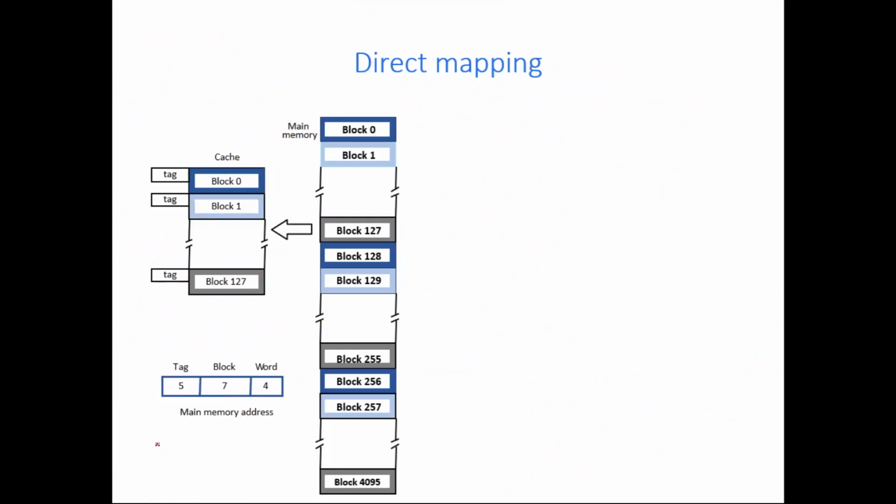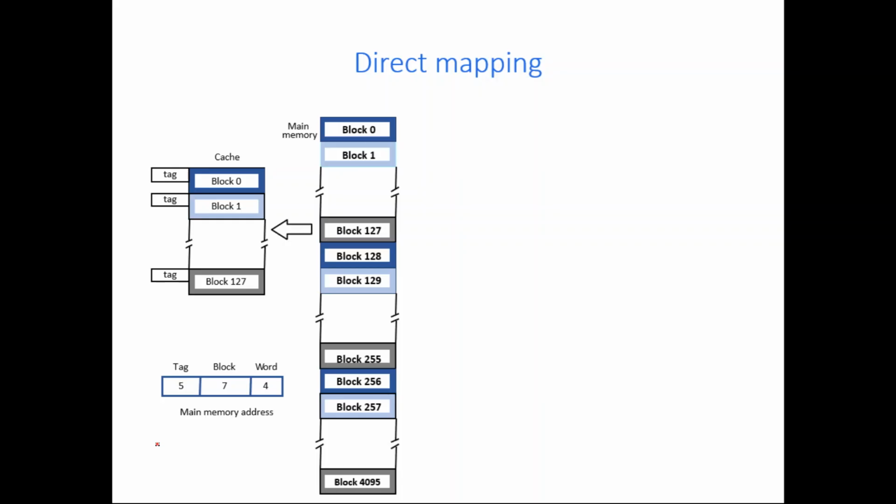With direct mapping, more than one block of the main memory will be mapped to the same block of the cache memory. If you want to move multiple blocks from the main memory that refer to the same block of the cache memory, then only one of them can be moved.